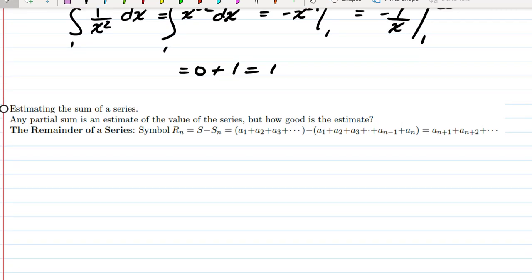So a1 plus a2 plus a3 plus dot dot dot on forever, minus all the way out to an. So that's going to reduce out all of the terms. The only thing that's going to be left for our remainder, r sub n, is a sub n plus 1 plus a sub n plus 2 on forever. And our hope is that that remainder is going to be pretty darn small.